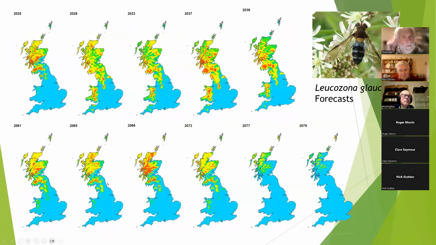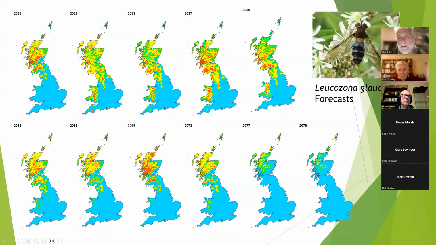If we now look at the forward projections, these are the years between 2020 and 2040, and here are the years between 2060 and 2080. And you can see what it's predicting is this general north-westward shift in the distribution of Leucozona glaucia.